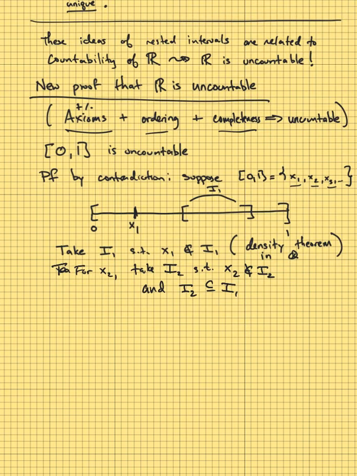Okay, so you want a nested interval which misses x sub 2. And there's kind of two things you have to worry about, right? So first, x sub 2, we really don't know where it is. It could be right here. It could be missing I sub 1 itself. It doesn't matter. You just take I sub 2 contained in it. Now, what could happen here is that you could just take I sub 2 to be I sub 1 in this case.